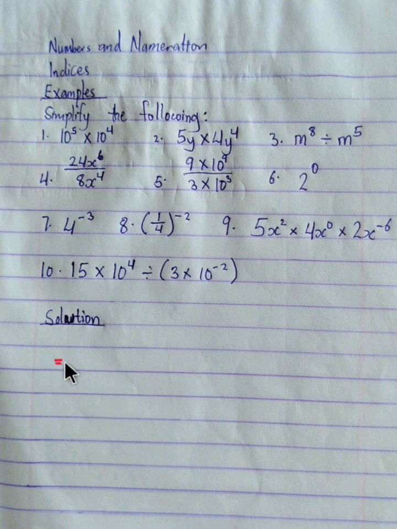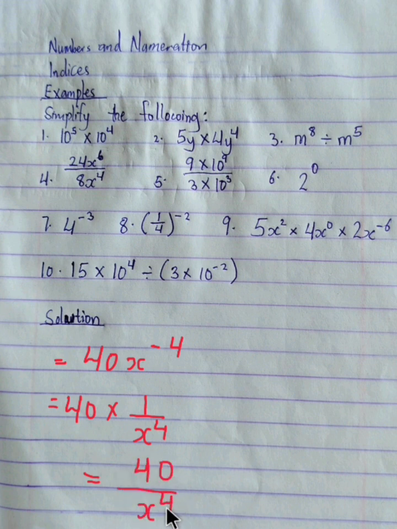So we got 40x raised to power minus 4. In order to write this, 40 times x raised to power minus 4 is the same thing as 40 times 1 over x raised to power 4. So the answer is 40 over x raised to power 4.